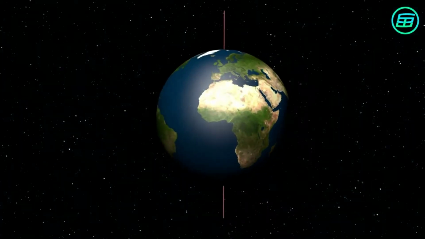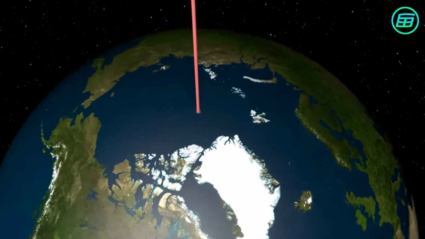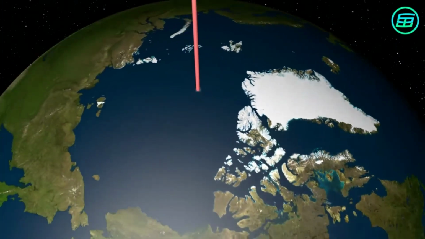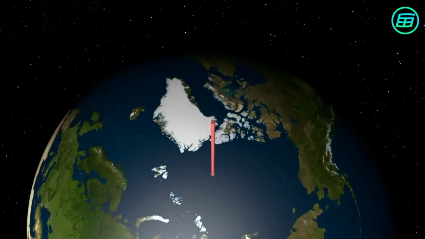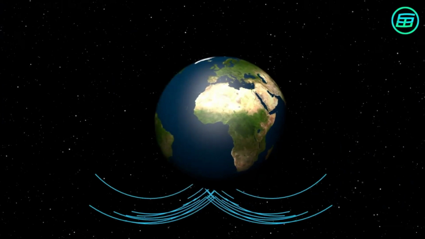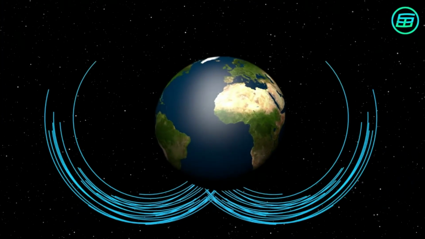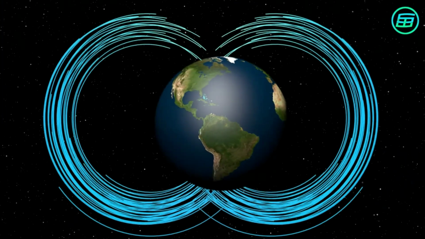Geographic north lies in the direction of the North Pole, the point where Earth's axis of rotation cuts through the surface. This point marks the center of the Northern Hemisphere and is located in the frozen middle of the Arctic Ocean. Magnetic north, on the other hand, is the direction of the point on Earth's surface where Earth's magnetic field points vertically downward.